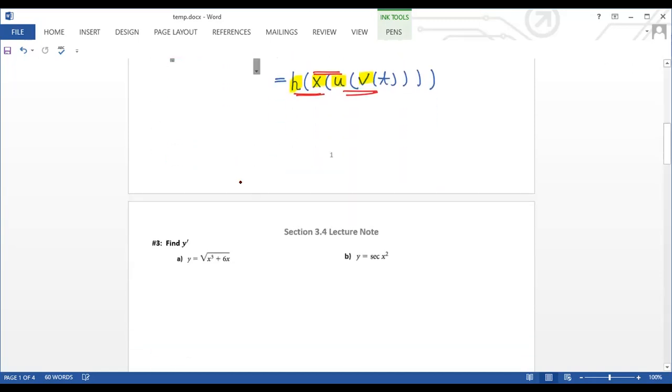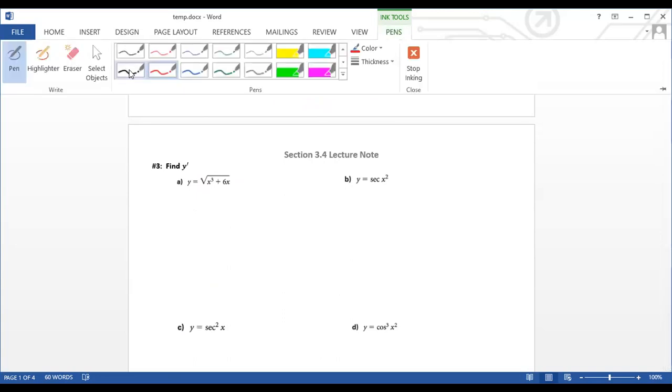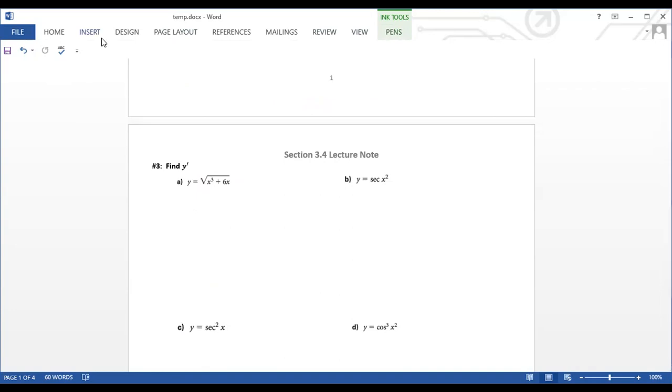Okay, so now let's take a look at some examples and see how to get the derivative by using the chain rule. Like we talked about, when we look at this, the first thing we need to know is: where is my first layer? Where is my second layer? Where is my third layer, right? So for this problem, y equals the square root of x cubed plus 6x.